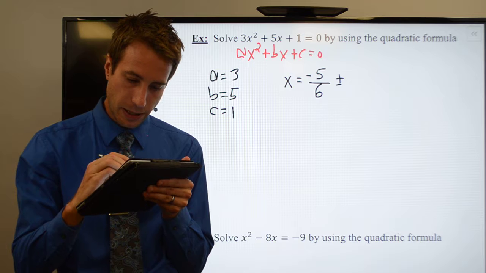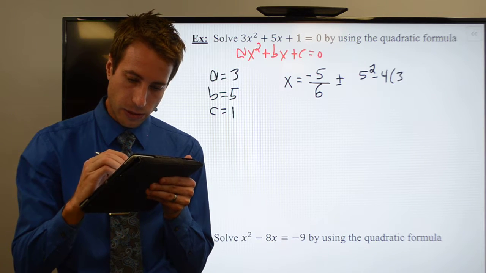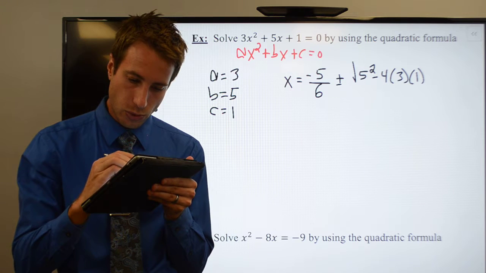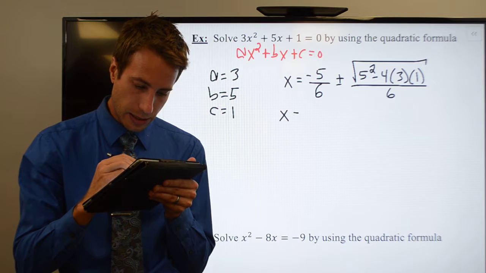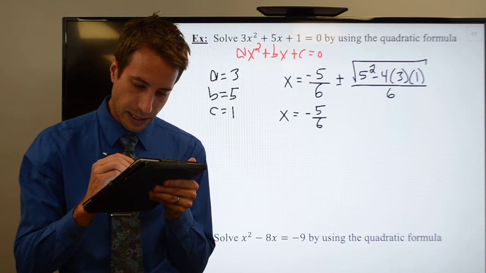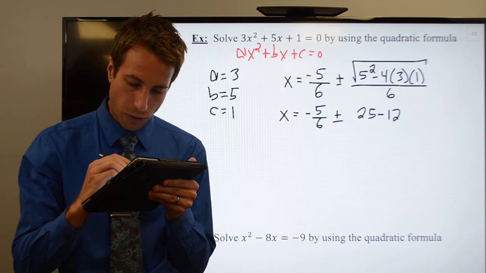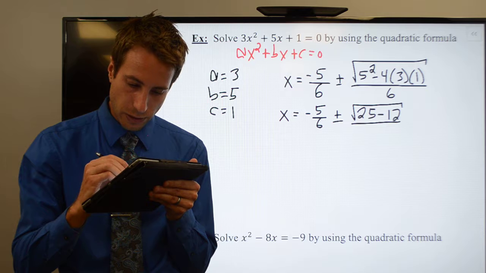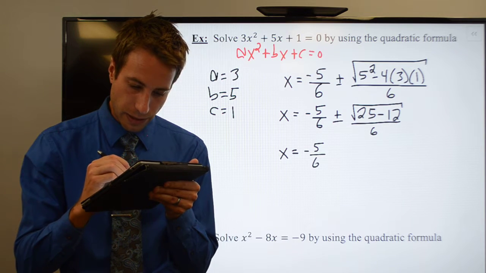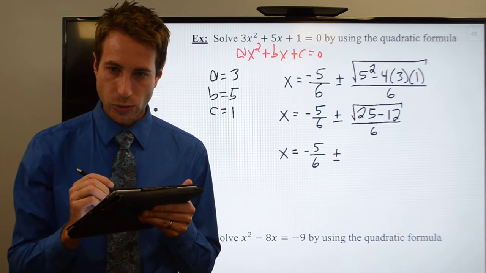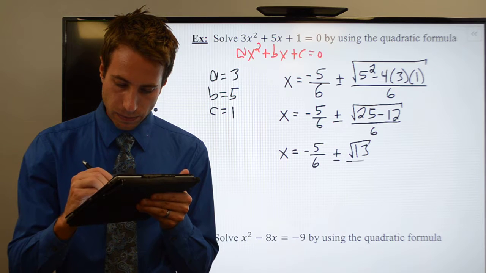Plus or minus, it's going to be a 5 squared minus 4 times 3 times 1, square root, and all over 6, which means x is equal to negative 5/6, plus or minus 25 minus 12, all over 6, which means x is equal to negative 5/6, plus or minus 25 minus 12 would be 13.